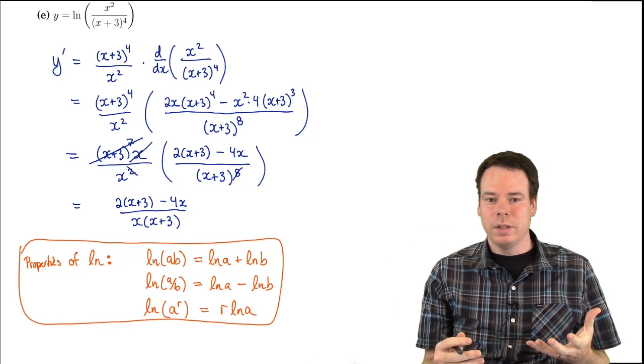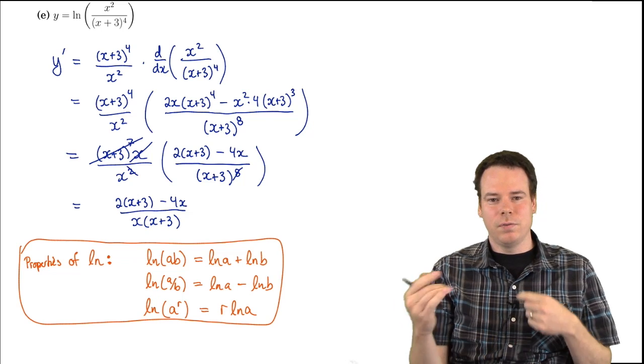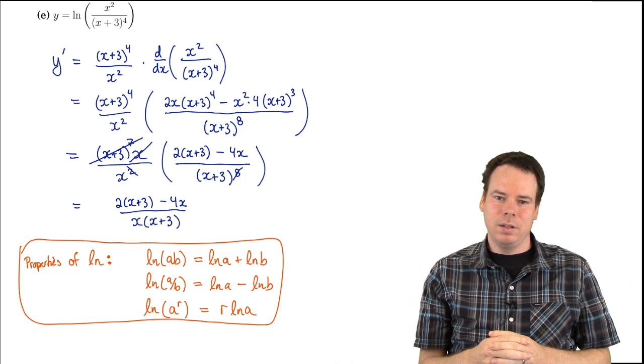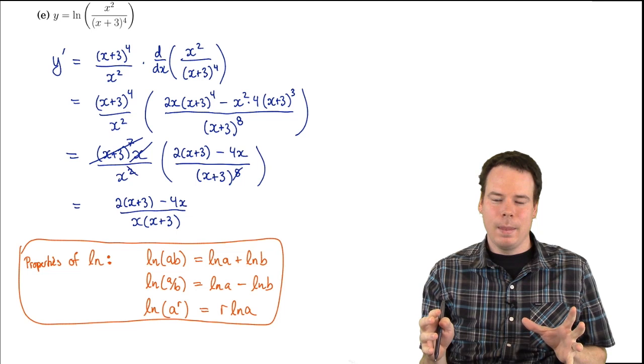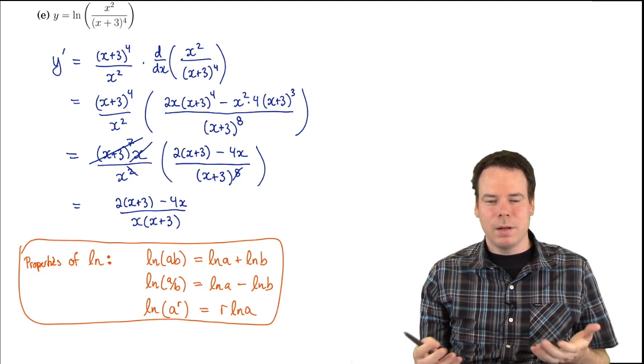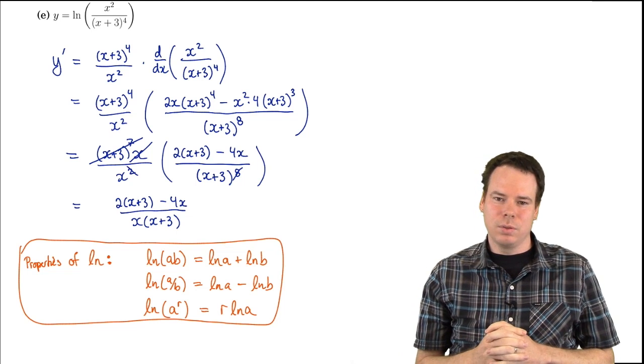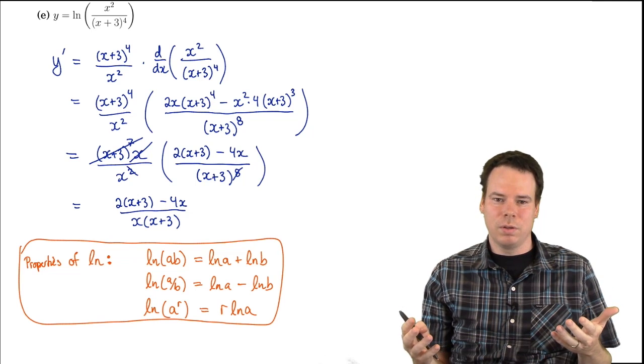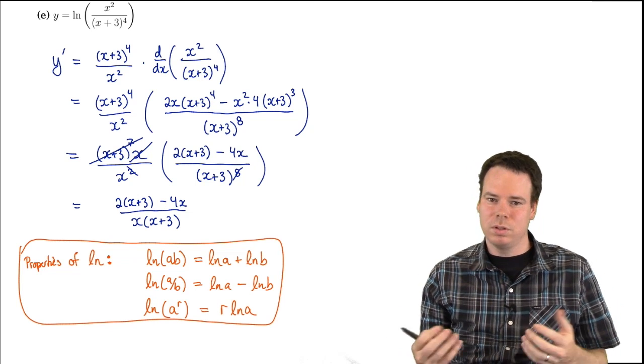The quotient rule is even slightly more complicated. It involves the derivatives of both top and the bottom, and then putting it together in a certain way. But the derivative of sums and differences are quite easy to work with. The derivative of the sum is the sum of the derivatives, and the derivative of a difference is the difference of the derivatives.